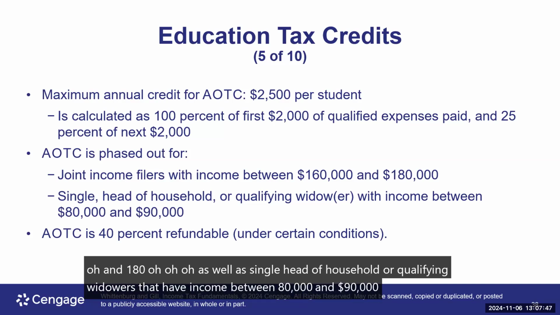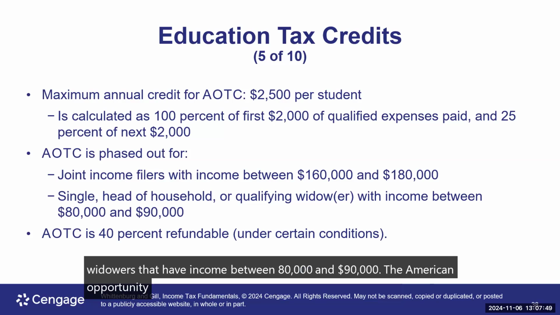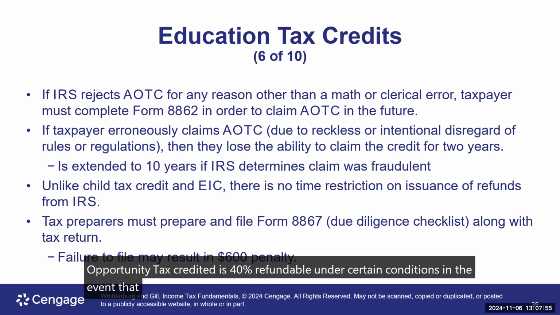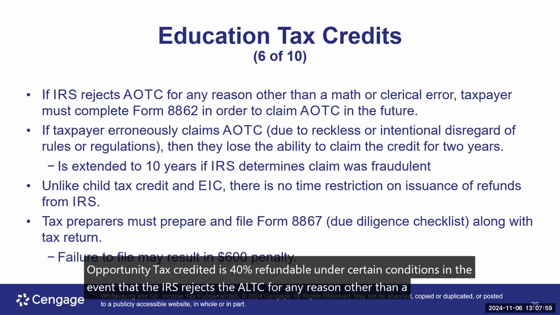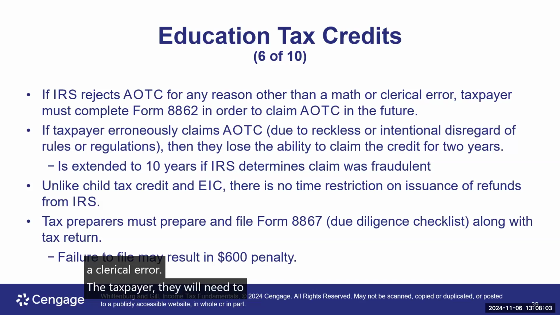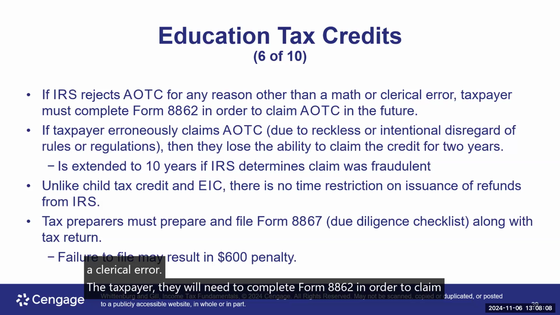The American Opportunity Tax Credit is 40% refundable under certain conditions. In the event that the IRS rejects the AOTC for any reason other than a math or clerical error, the taxpayer will need to complete Form 8862 in order to claim the AOTC in the future.